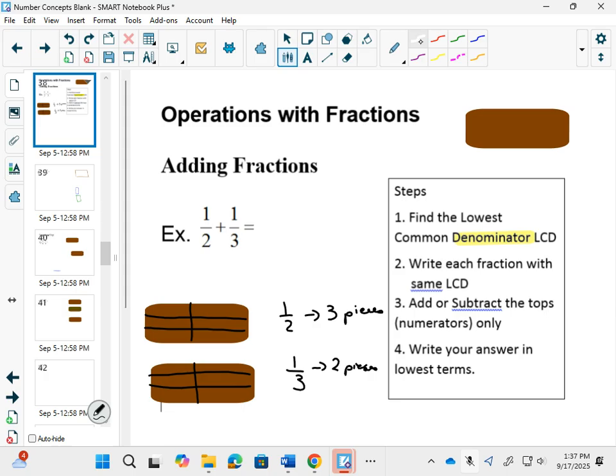So what I did with my half and my third by doing it this way, I found out that I could get things the same size if I made it in 6 pieces. In mathematics, we say, find the lowest common denominator, which in looking at the 2 and the 3, it's like if I split my chocolate bar in half this way and 3 this way, it would make 6 pieces.